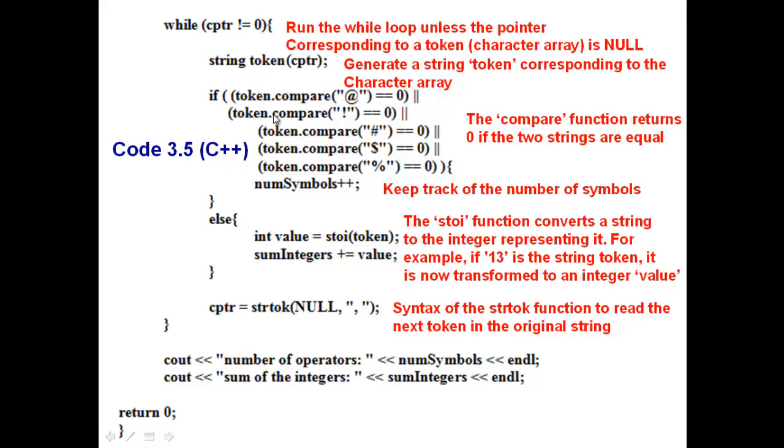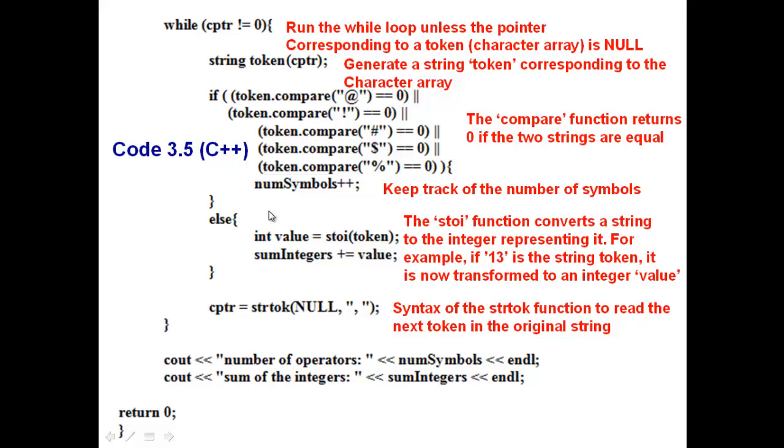Now you're comparing the contents of the string you have created, the token, with each of these delimiters. If token.compare with the at symbol equals 0, it means the token is really the at symbol. They should exactly match, and if they match, the compare function will return 0. So if any of these is true, that means you've encountered a symbol.